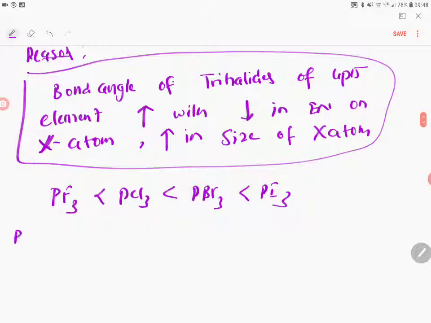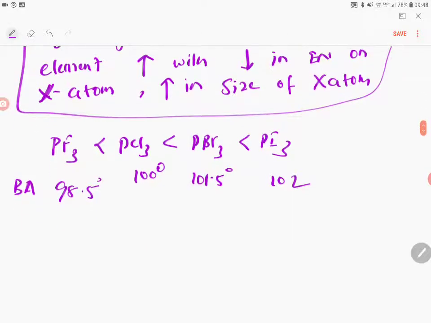In fact, the magnitude of bond angle is 98.5 degrees, and this will be 100 degrees. Sorry, when I write degree, I remember the temperature. It's bond angle. PBr3 101.5 degrees. This is 102. What is the reason for this?